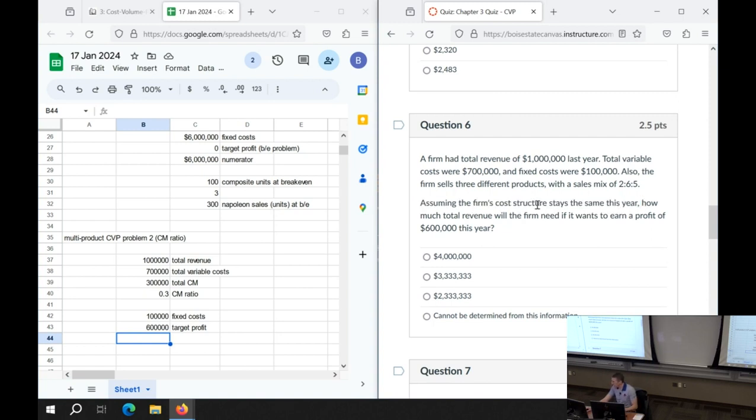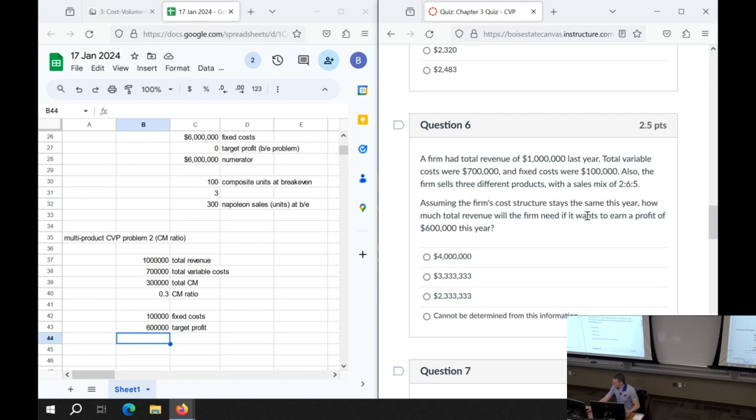Just assume it is there. If I've forgotten to write this particular thing, that's the way you do this problem. I'm assuming this cost structure, given a million in sales, we have 700,000 in variable costs, stays the same. And then also I want to include the idea of the sales mix as part of what I'm saying when I say the firm's cost structure staying the same.